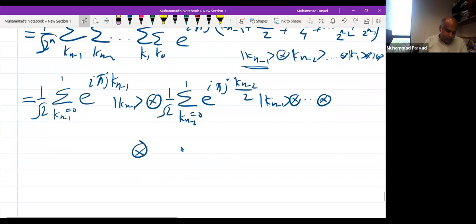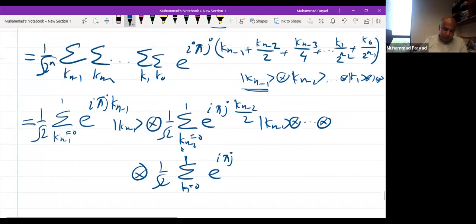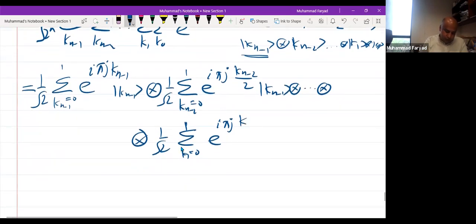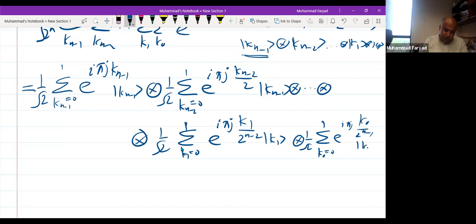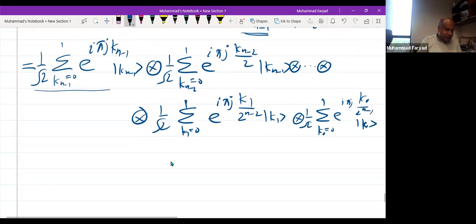So for the second last term, it is sum over k1 from 0 to 1 exponential iota pi j k1 over 2 power n minus 2, k1, tensor 1 over square root 2 sum over k naught exponential iota pi j k naught over 2 power n minus 1, k naught. So these are the states of the k qubits.